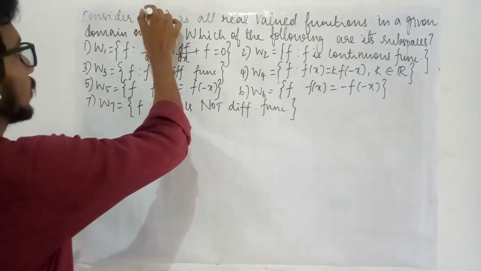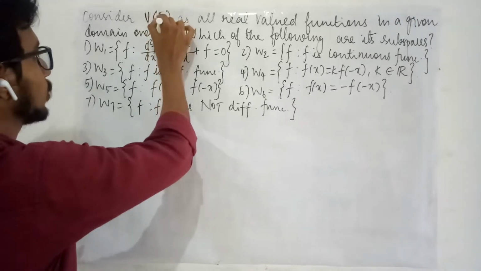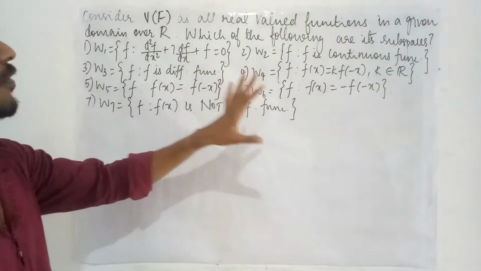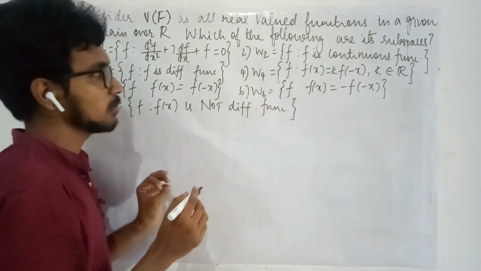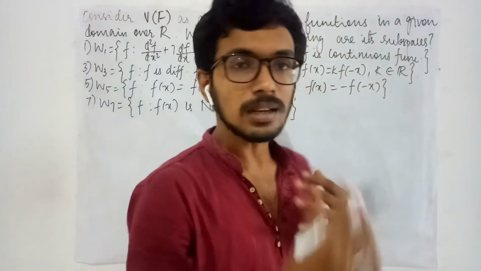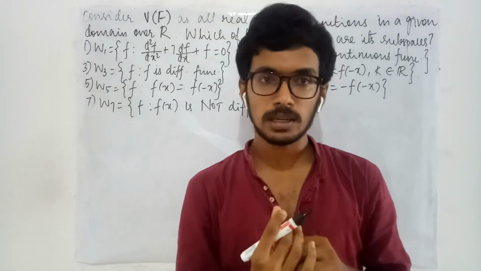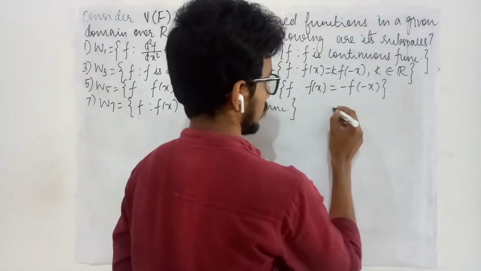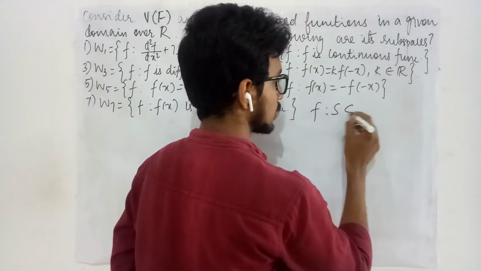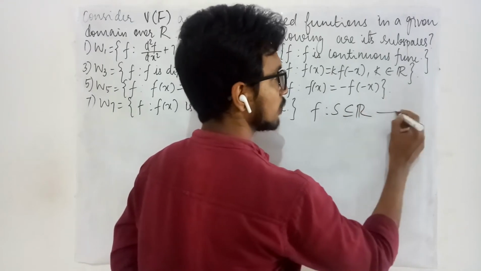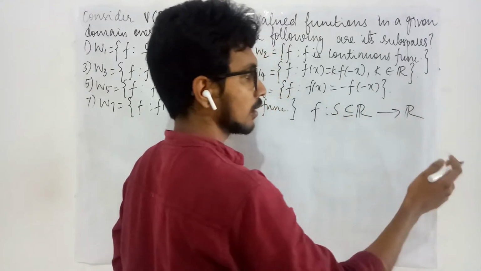Here, the space V of f is considered to be the real valued functions in a given domain of R, which means you may take any subset of R. Let me take S, which is a subset of R. From S to R I am defining the function.